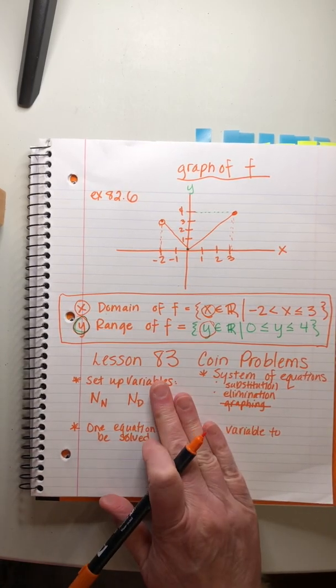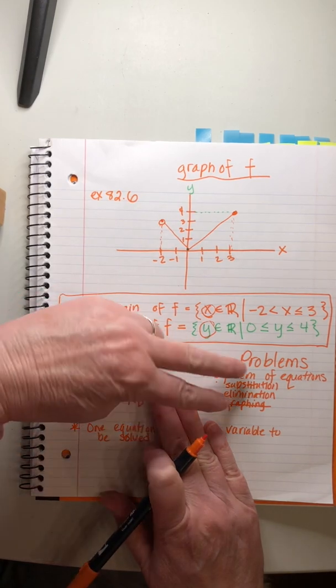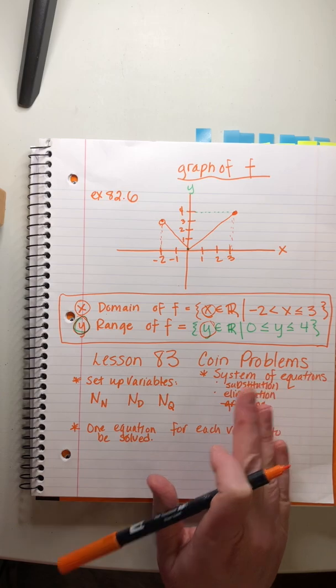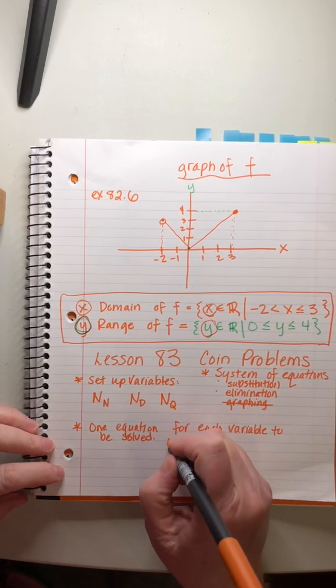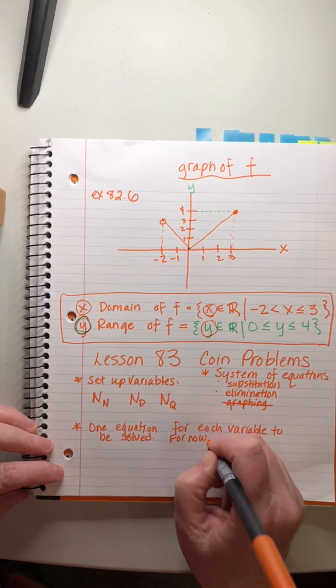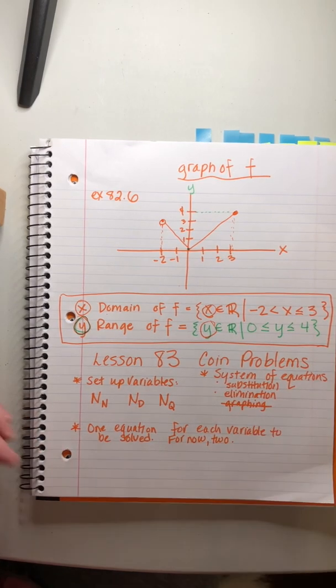Most of ours will have two variables, and so we will have two equations in our system. That's what we're used to, right? Later on, I think next year, I think it's the red book, we'll have some problems that have three. But for now, we'll just be working with two. That's what we're used to, okay?